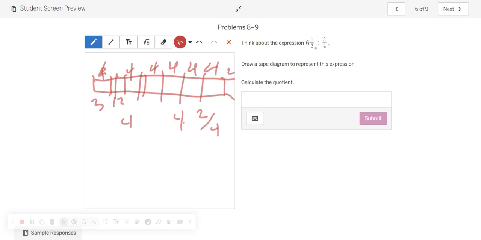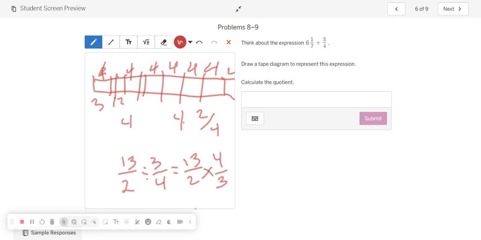Yeah. So let's go old fashioned. You haven't seen this method yet, but 6 1/2 is the same as 13 halves. 3/4 is 3/4. But when you can't divide straight across, I use what's called KFC. Keep the first, flip the second, change the sign to multiply, and I get, this is way harder than it's supposed to be.